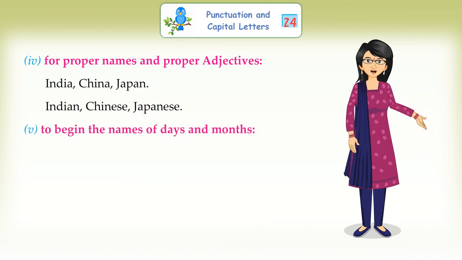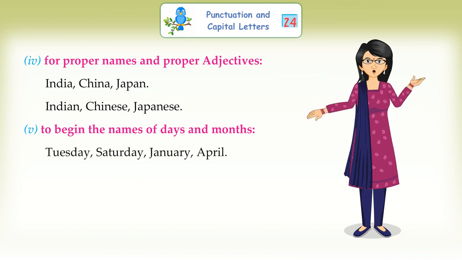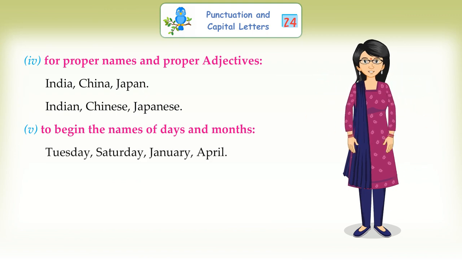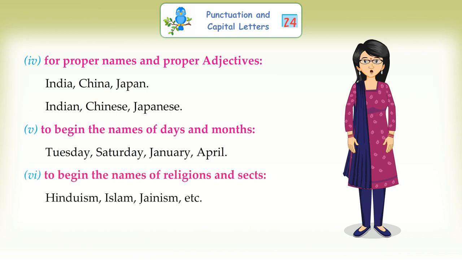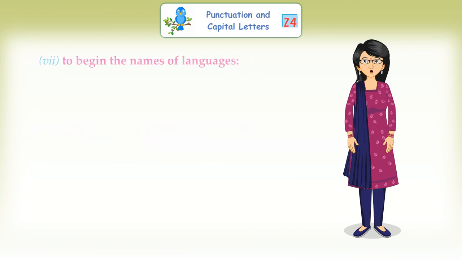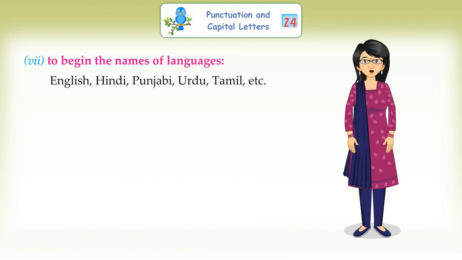To begin the names of days and months: Tuesday, Saturday, January, April. To begin the names of religions and sects: Hinduism, Islam, Jainism, etc. To begin the names of languages: English, Hindi, Punjabi, Urdu, Tamil, etc.